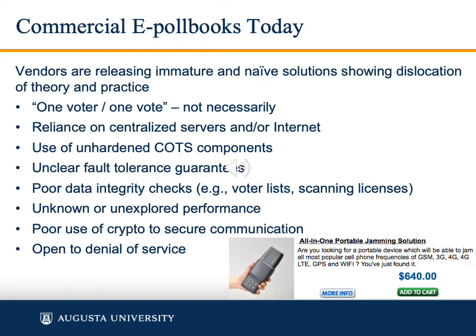The use of crypto is very poor in communications, opening these systems for various remote attacks, and the systems use wireless communication, which makes them open to denial of service. For example, one can purchase a few $100 jammer, place it outside the polling place, and the election just may come to a screeching halt.